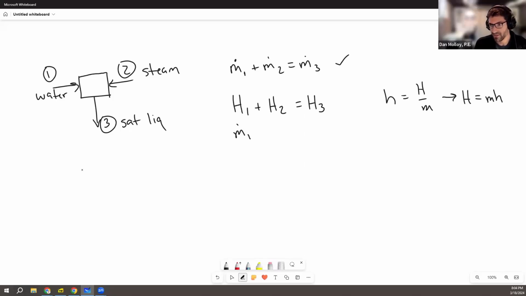So I'm going to put the dot, this would all still be true if we had dot, dot, dot, dot. So we can say m dot 1 little h1 plus m dot 2 little h2 equals m dot 3 little h3. So this is the mass balance, and this is the energy balance.